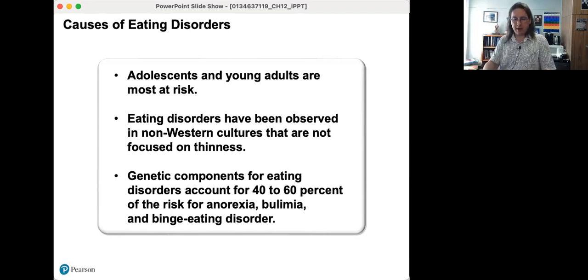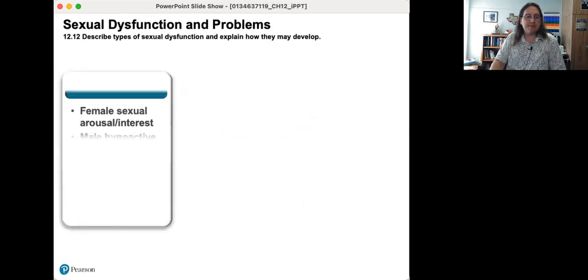We're seeing that paradigm shift, which I think is in a positive direction for us, because we place too much emphasis on beauty and thinness, which is the start of people wanting to be accepted and having that overcritical view of themselves, right? There is a genetic component for eating disorders, which accounts for 40 to 60% of risk for anorexia, bulimia, and binge eating disorders. Okay, so some things to keep in mind there.